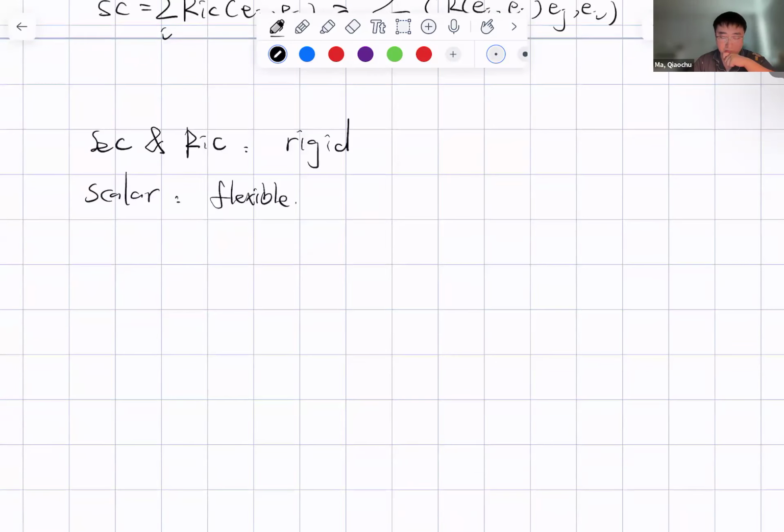Take some examples. This classical result by Gromov: if a manifold has non-negative sectional curvature, then we have an upper bound for its Betti numbers.